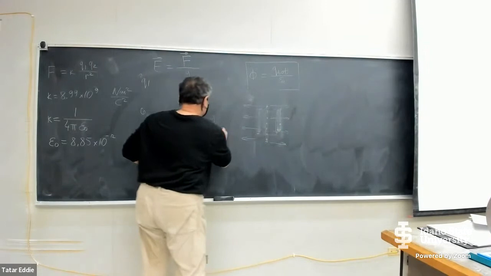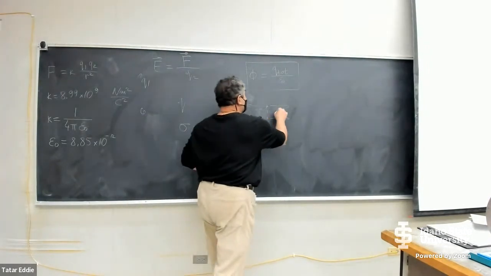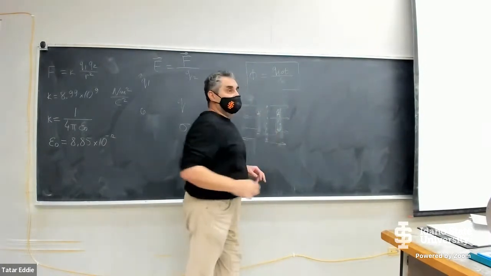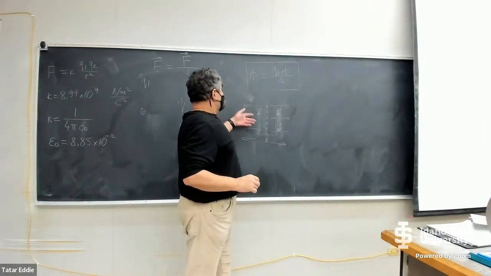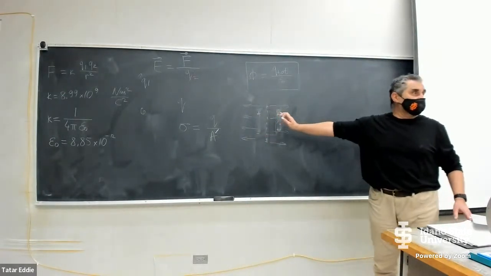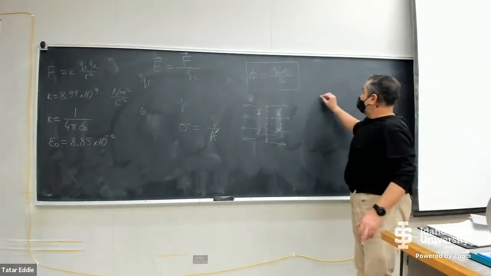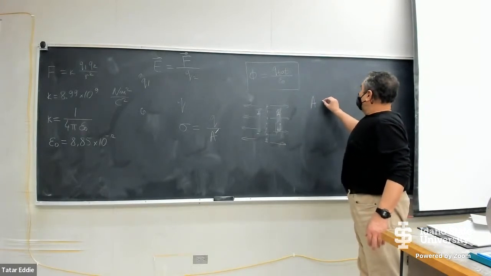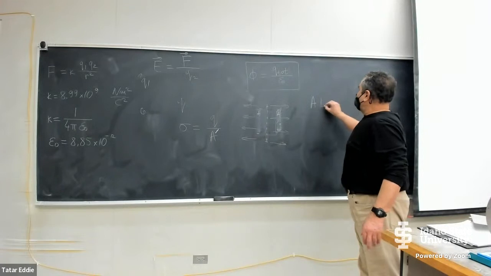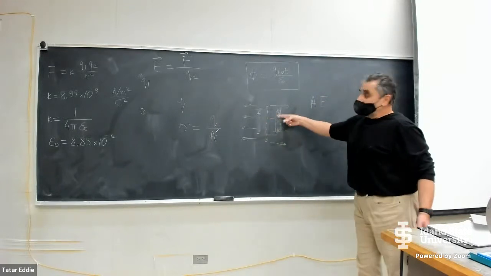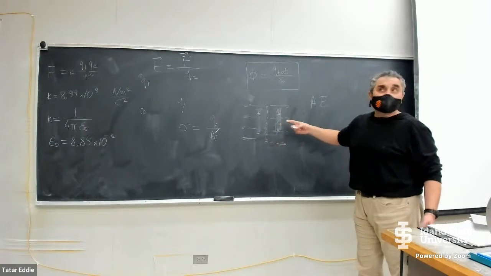Let's say that this side is A, and this side is also A. The total flux that goes through those two flat imaginary surfaces is going to be the area times the electric field, whatever it is, at this distance from the source.